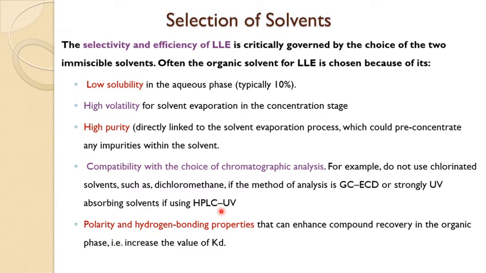At that time, we have to select the solvent such that we can analyze the extracted compound directly with chromatographic techniques like gas chromatography with an electron capture detector or UV detector, or by using high performance liquid chromatography with a UV detector.